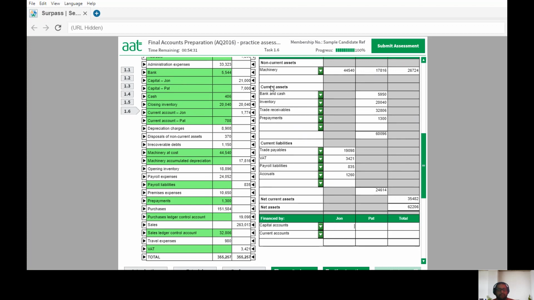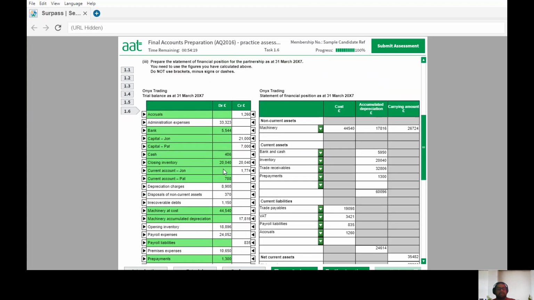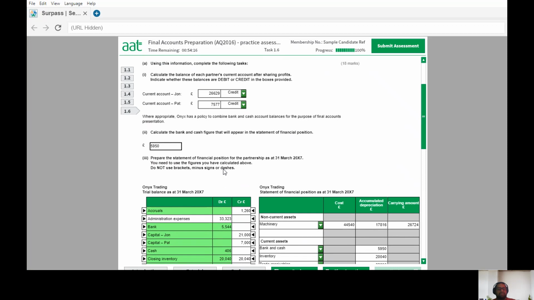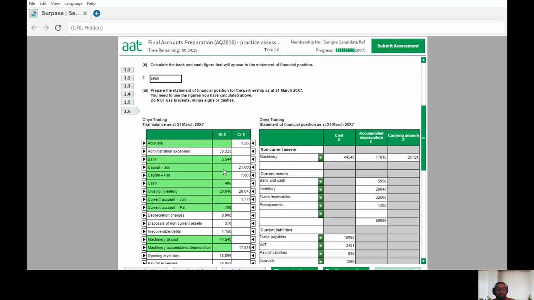Capital accounts will have a balance of 21,000 for John, and Pat has a capital account value of 7,000 pounds, altogether 28,000 pounds. The current account now is the value we calculated earlier, 26,629.